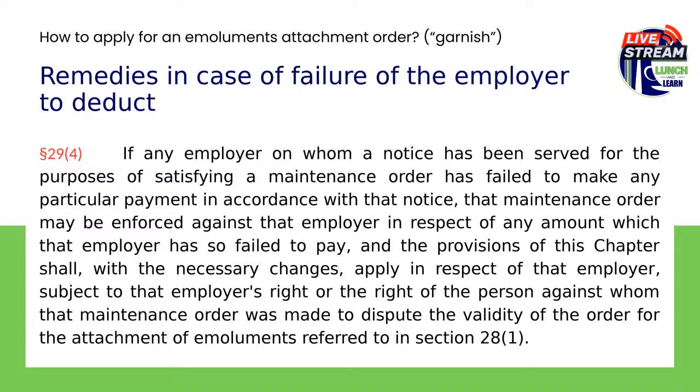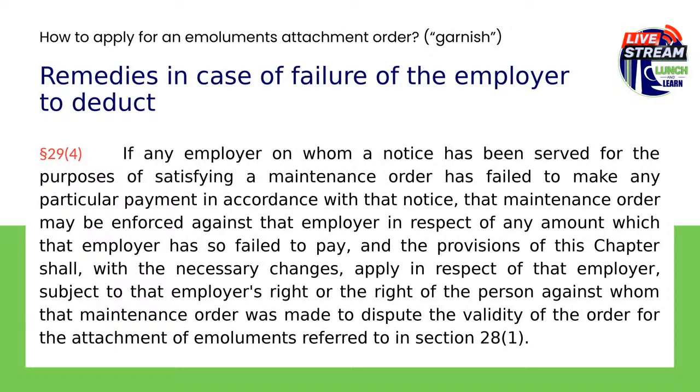Like I said just a couple of minutes ago, in basic terms, it means that the employer is now placed in the shoes of the respondent, the person that needs to pay maintenance. Section 29(4) will come to your rescue, and it amplifies what I just said: if the employer refuses to deduct that money, then that money that needs to be paid over could be recovered directly from the employer.